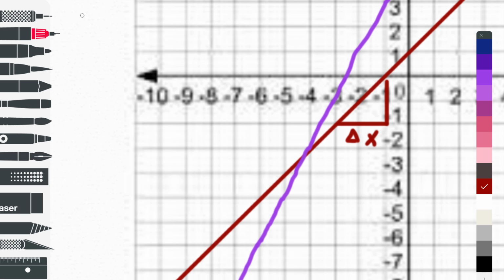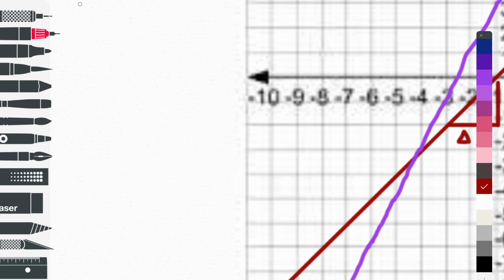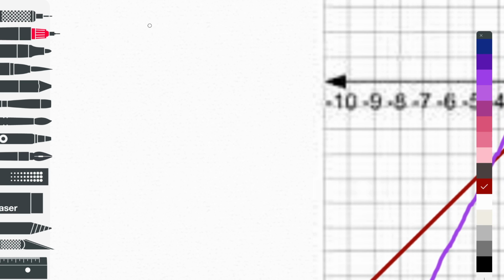So the definition of a slope, and this is a slope if you haven't guessed already, is change in x over change in y.